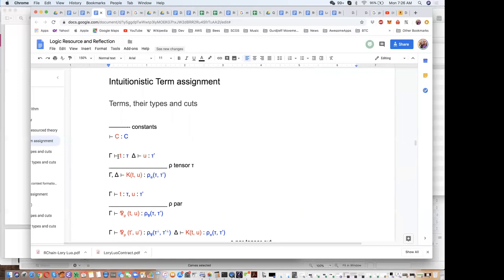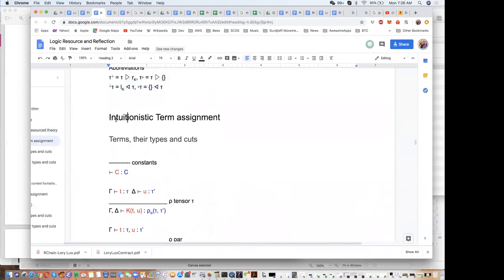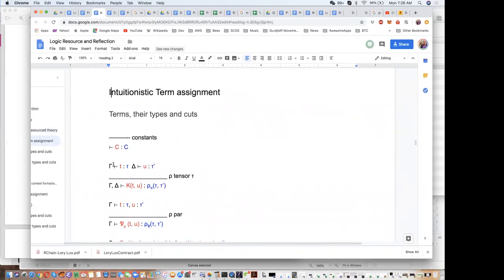The shape of every type judgment is a typing context, your turnstile, a term, and its type. So you always have a single term on the right of the turnstile in the intuitionistic versions of the types. You might have lots of stuff on the left-hand side, but there's only a single thing. So this basically makes the turnstile into a kind of function. Lots of inputs, one output.